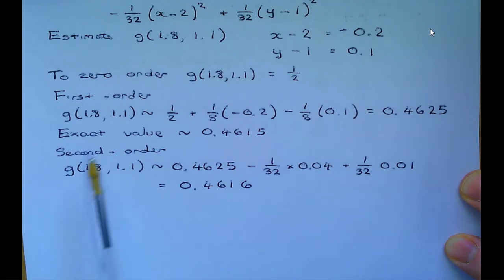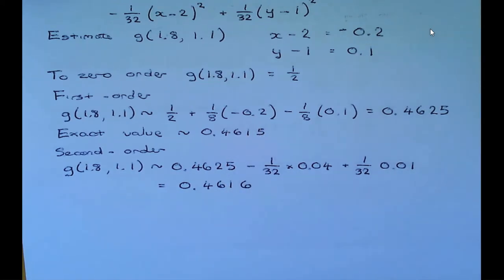So you can see, going to the 2nd order, we've now confirmed the 3rd decimal place. We're only 1 out in the 4th decimal place. So, using the 2 orders of the Taylor series, we do seem to have a quite reasonable approximation.